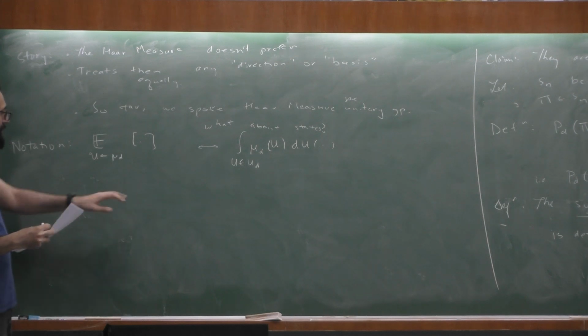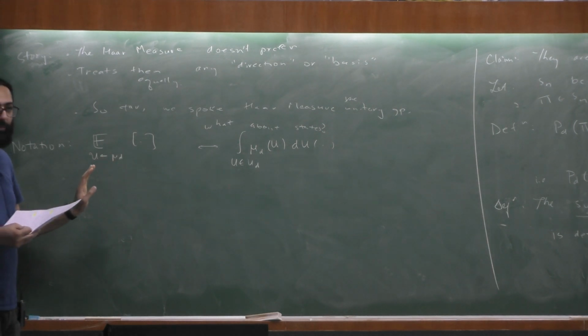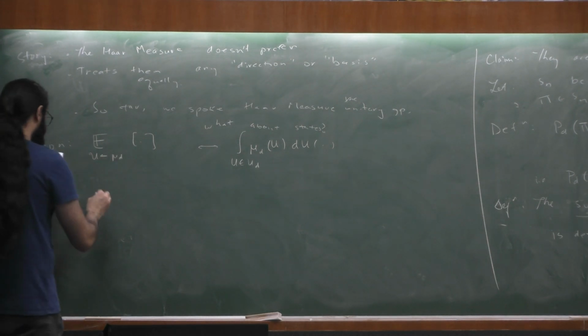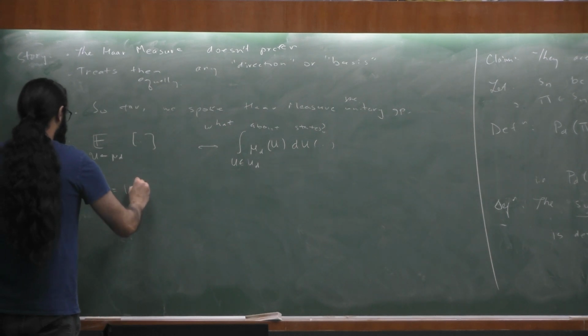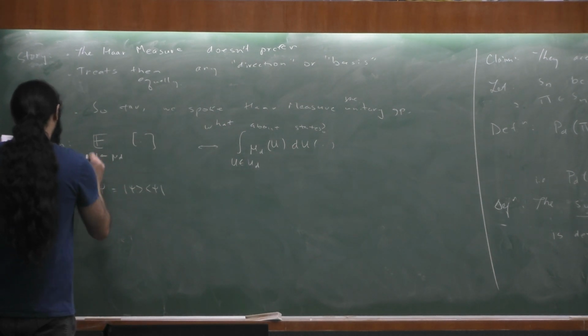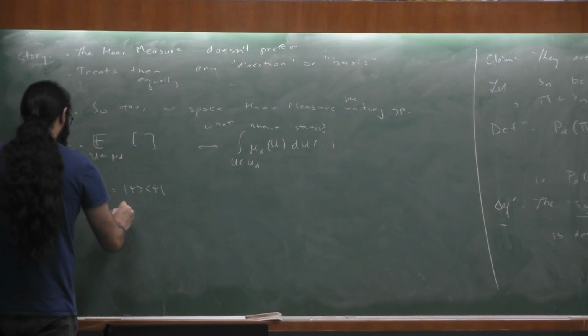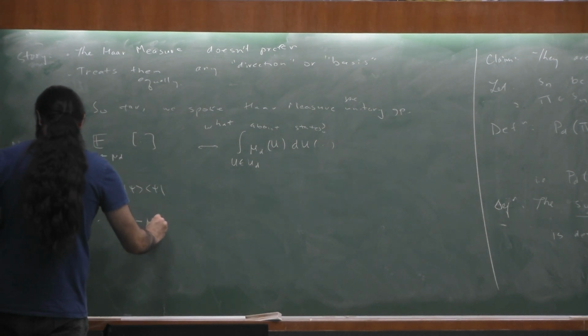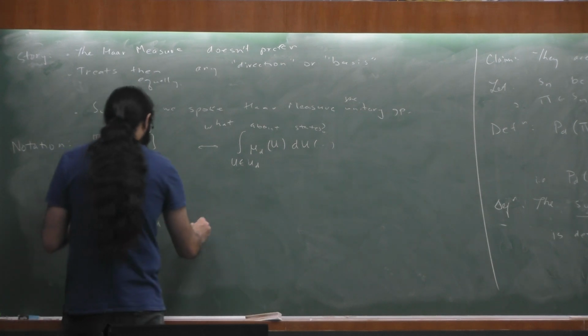Because it's a measure, we can think of it as an expectation value, so there's nothing very deep happening in this notation. We're going to use psi if it's a pure state, and when we say psi sampled from mu d, this is what we mean.